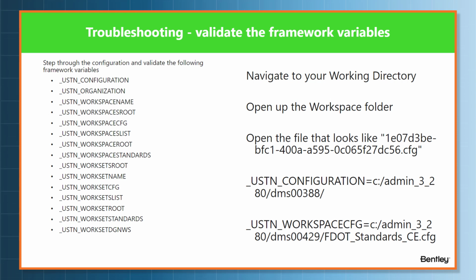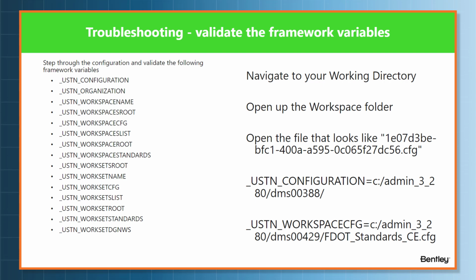Whenever you're having trouble with a workspace, whatever error you're getting, one of the first things you need to do is step through the configuration and validate the following framework variables. You'll see the list on the left: UStation configuration, UStation organization, all the way down to UStation workset DNS, DGNWS. You can do this by navigating to your working directory, opening the Workspace folder, and opening that GUID.cfg file, and you will see the variables and what they resolve to.